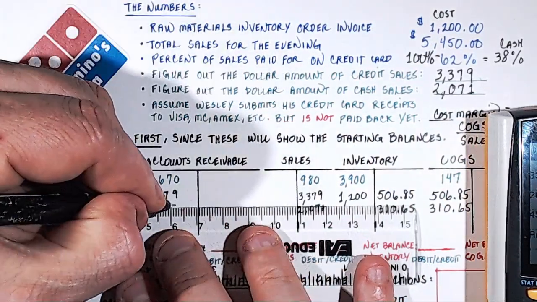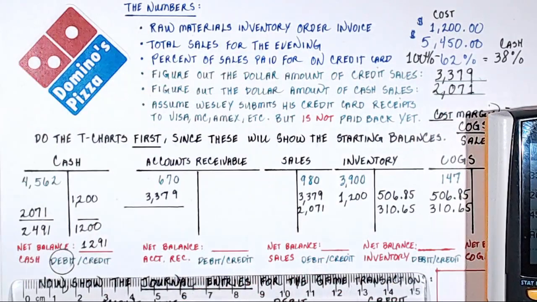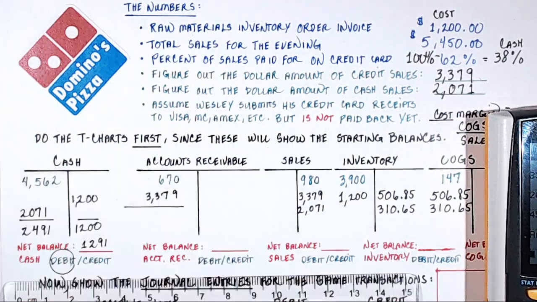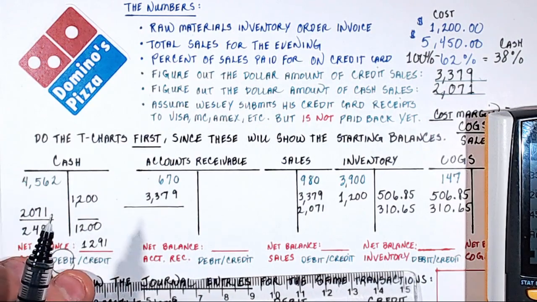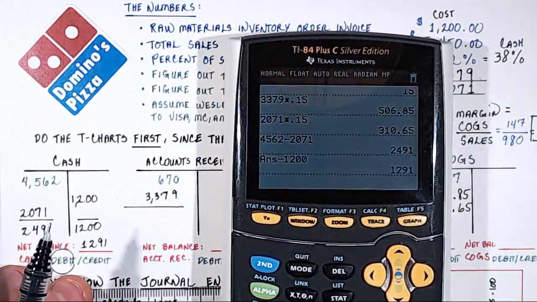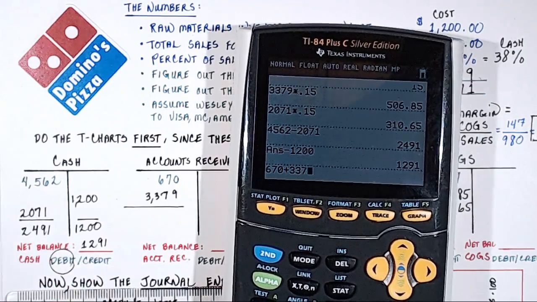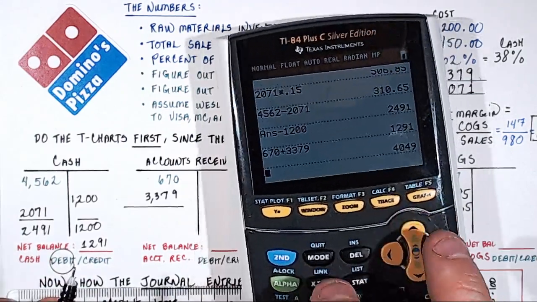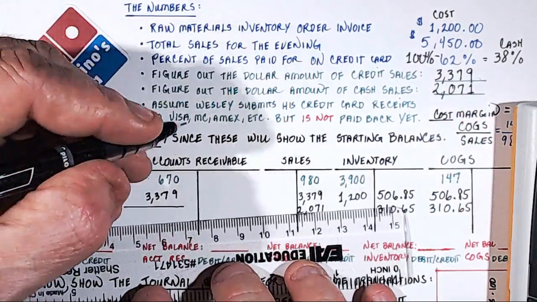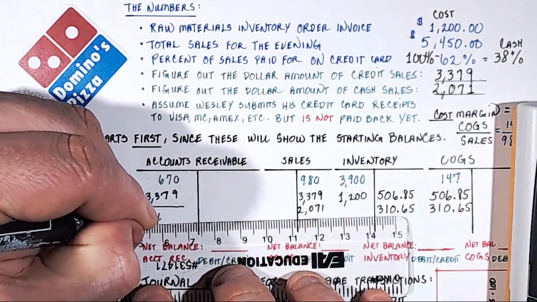For accounts receivable, remember, we were not paid back, so we just have this debit balance in accounts receivable. That's easy. 670 plus 3379 gives me 4049.